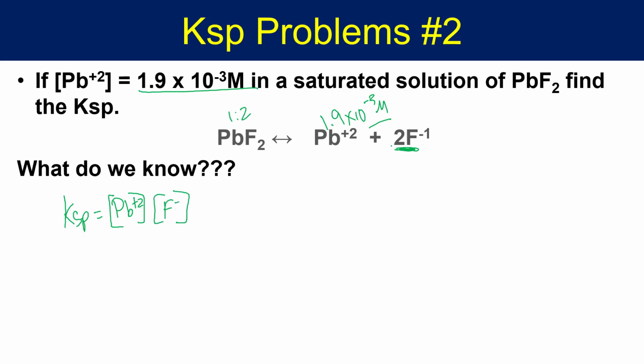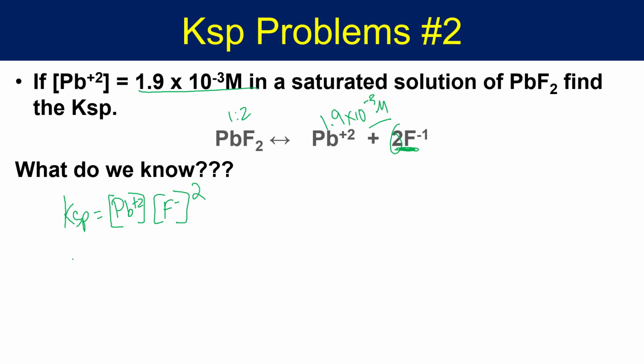And of course, because we have a coefficient of 2 here, we have to raise that to the second power. When we go to math this out and throw some variables in here, we're going to use x's. We know that Ksp is going to be equal to x times, now remember this, the fluoride ion was going to be twice the concentration of this, so we are going to get 2x raised to the second power. So remember, the molarity would not be 1.9 times 10 to the minus 3.